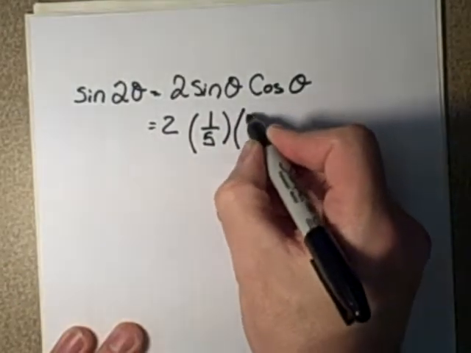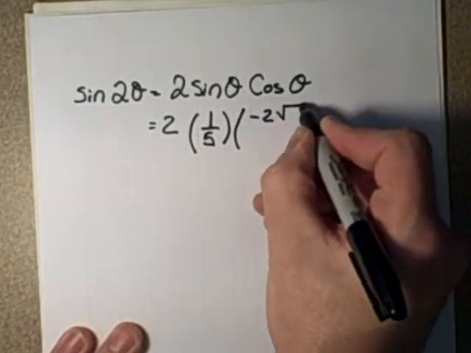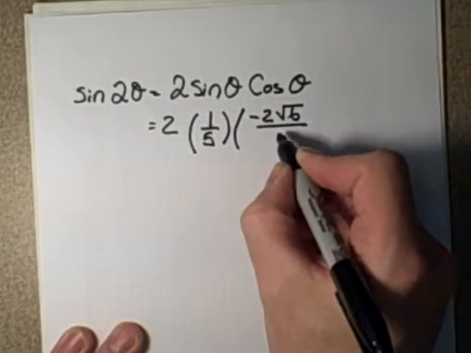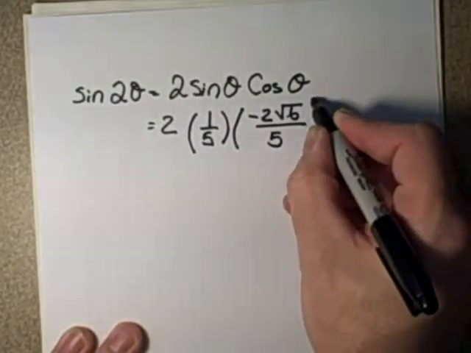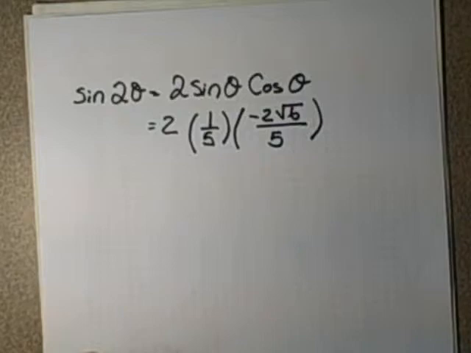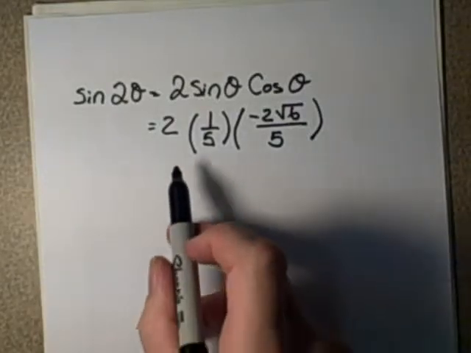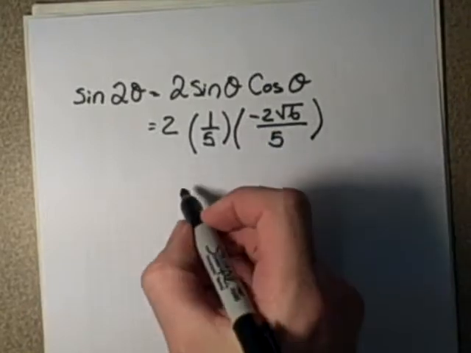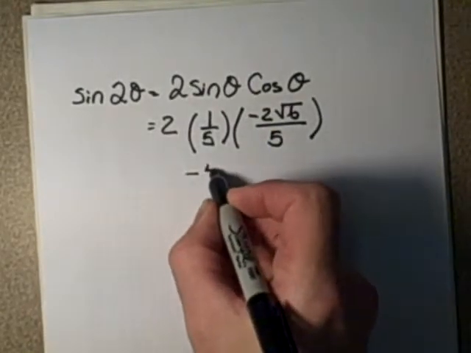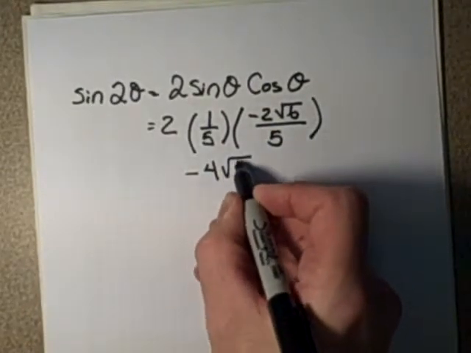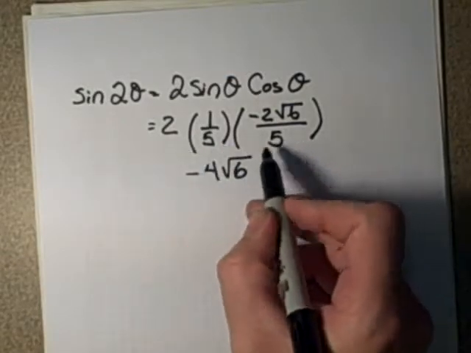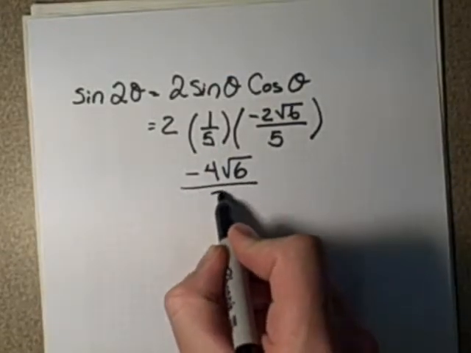Cos theta was our negative 2 root 6 over 5. So we have to multiply all of these things together. 2 times 1 is 2. 2 times negative 2 is negative 4 root 6 on top. And on the bottom, we have 25.